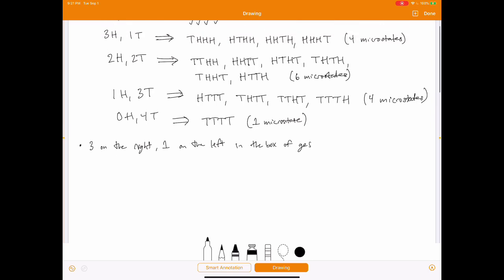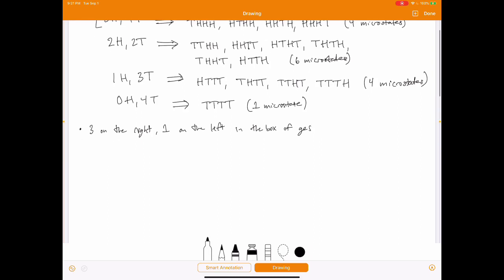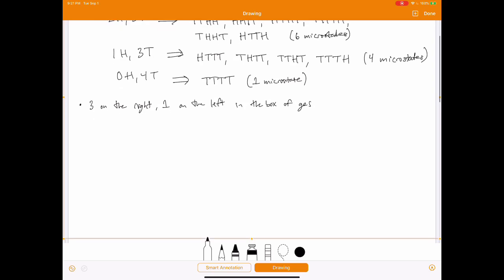Well, this is like getting 3 heads and 1 tails in a series of 4 coin flips, because if we write down the possible microstates where you have 3 on the right, 1 on the left, you could have RRRL, so the first 3 molecules are on the right and the other is on the left, or you could have RRLR.